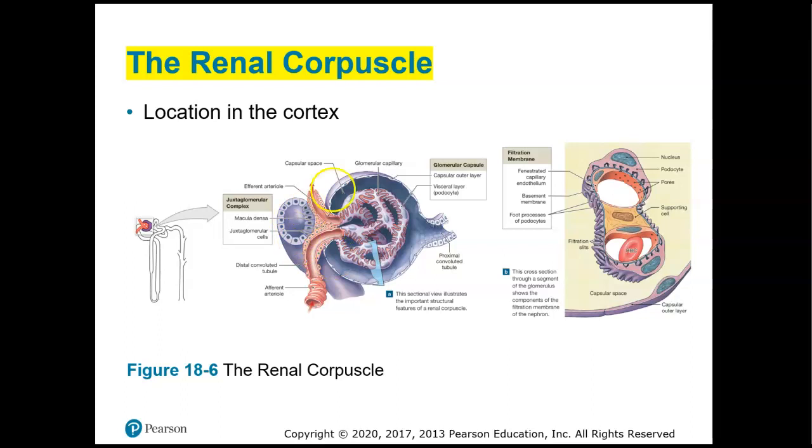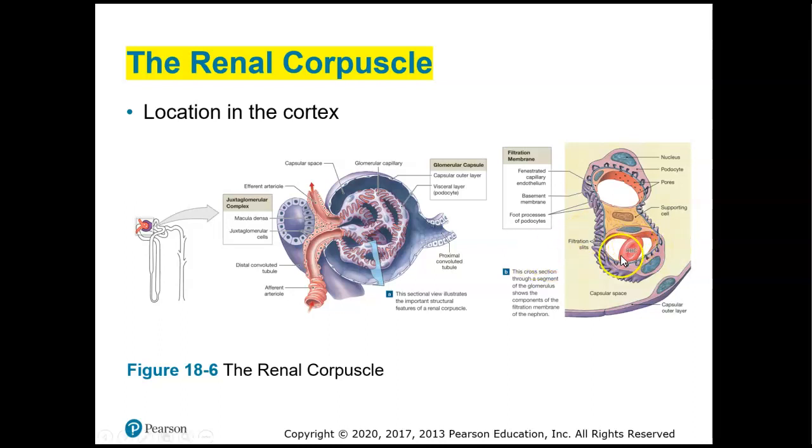So what's filtered out is everything besides the blood cells, because they're too large. See how large this red blood cell is compared to the pores? So it's anything that can fit through those pores and be pushed into the space by the pressure of our blood pressure.